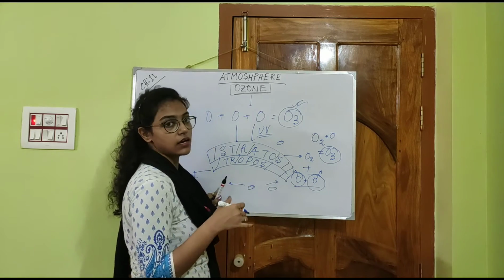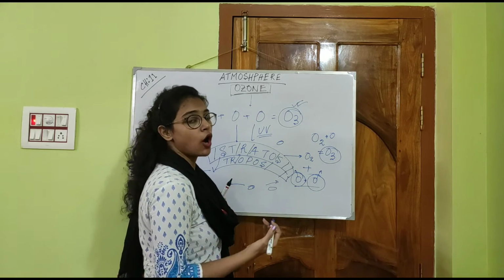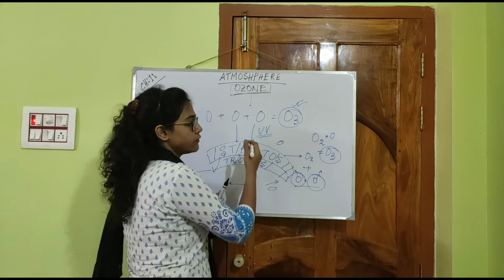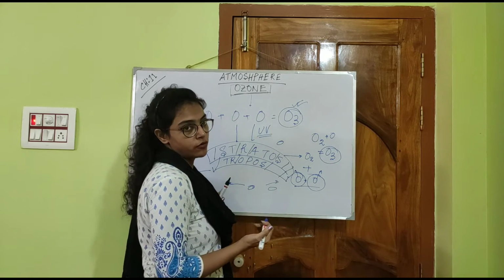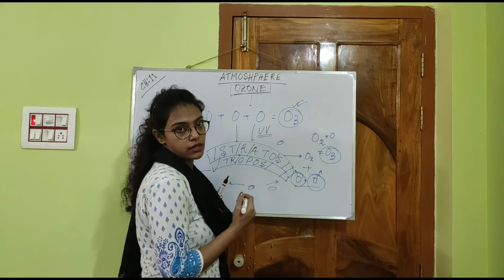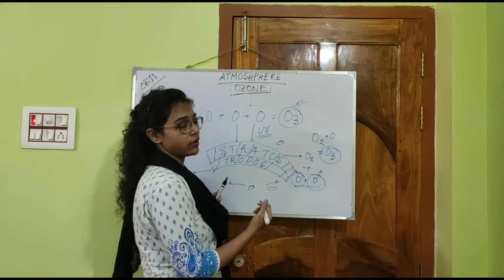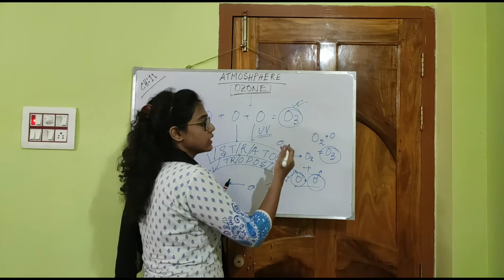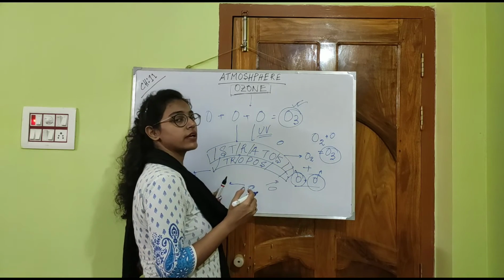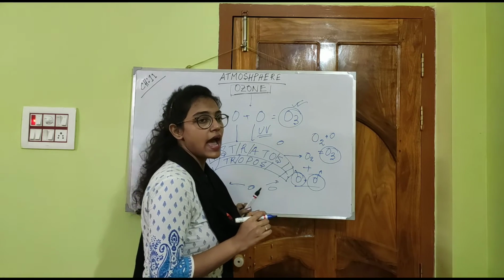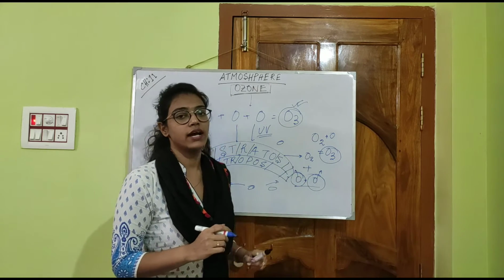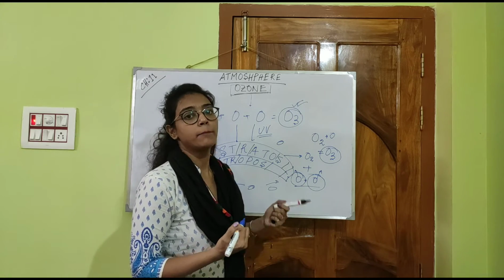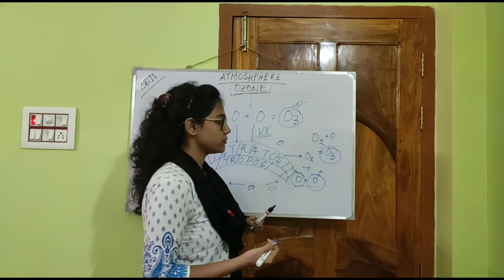It has the ability to block the ultraviolet ray, which is the most harmful radiation of our sun. From our sun, among all the rays that are coming, the ultraviolet ray is the most harmful, and O3 has the ability to block it.